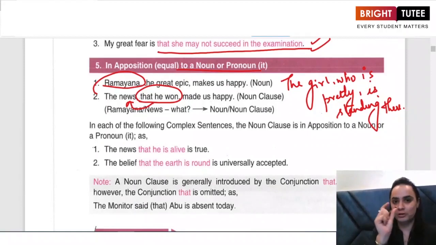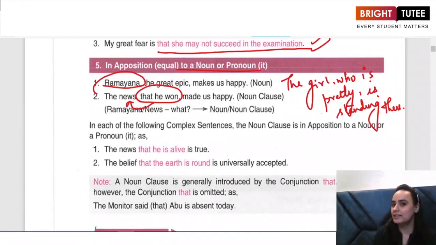So both the girl and who is pretty have the same relevance in the sentence because when I ask the question who, my answer will have both of them. So that clause which has the equal value as the noun or the pronoun in that sentence is known as a noun clause of opposition.